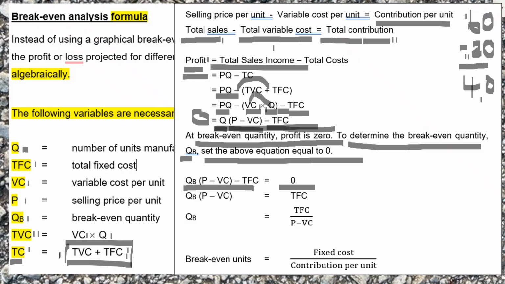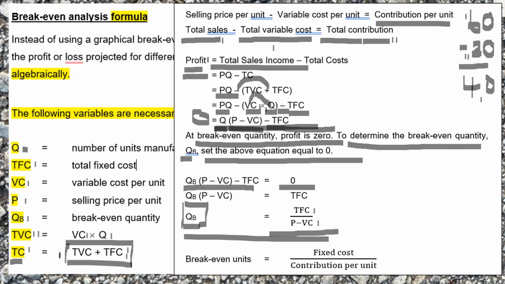And if you solve for QB, that is the quantity where the business breaks even, the number of products produced or sold, the formula is equal to fixed cost over P, price, minus variable cost. So that formula was derived. Might be easy just to remember that.